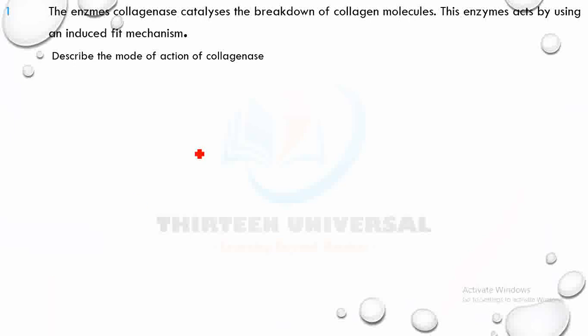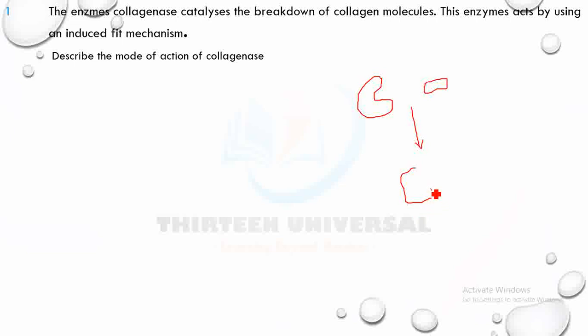All right, remember that in the induced fit model, the substrate is not complementary to the enzyme's active site. So this is the substrate. It's not complementary. But what happens is that as the substrate binds to the enzyme, the active site is flexible.